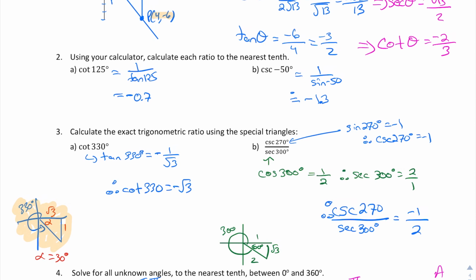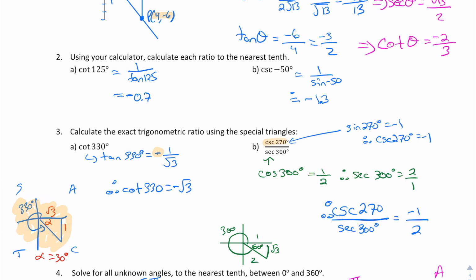Adjacent is root 3. So I end up with tan of 330 is 1 over root 3. The only thing I have to add in here is that because I'm in this quadrant, tan is negative in that quadrant. So I end up with a negative 1 over root 3. So cotangent of 330 is just the reciprocal, so that becomes negative root 3. Which is really just one extra step from what we're used to.